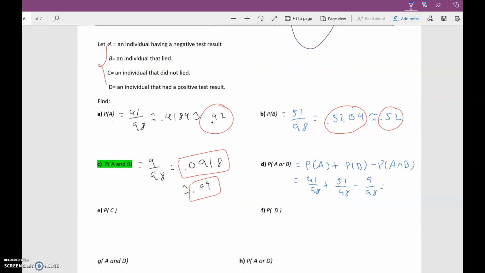So let me evaluate that. I'm getting 83 out of 98. So approximately 0.847, rounding to 3.